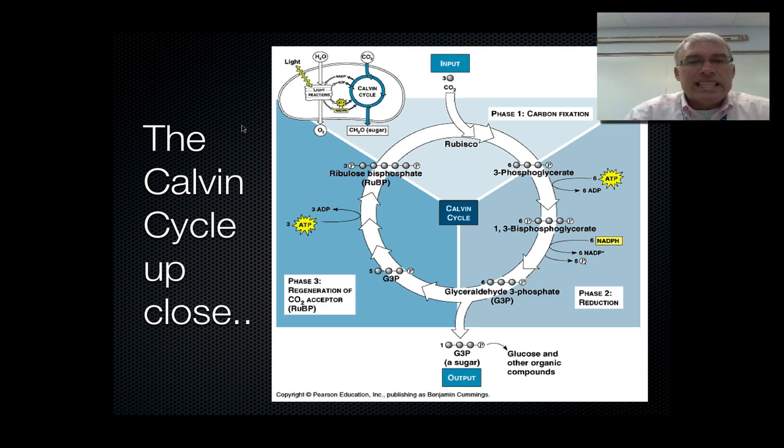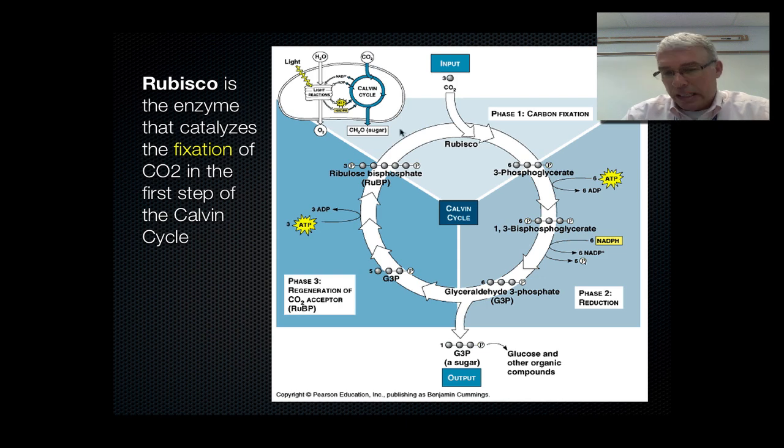Okay, the Calvin cycle up close. Let's look at what this turning wheel of chemical reactions is actually doing. If you first look at this, we're putting in carbon dioxide, and we're spitting out small sugars, small 3-carbon chains, 2 of which put together can build a glucose. So that's our output, and carbon dioxide is our input.